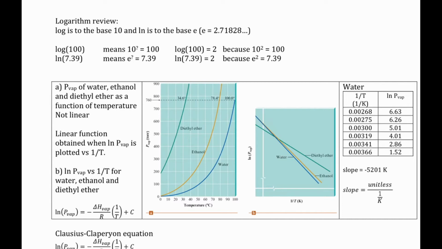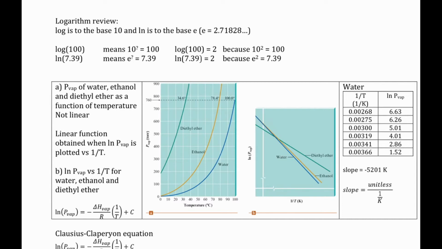Log is to the base 10. And ln, the natural log, is to the base e, where e is, like 10, a number, but its number is 2.71828, and it goes on from there. So log to the base 10, ln to the base e.